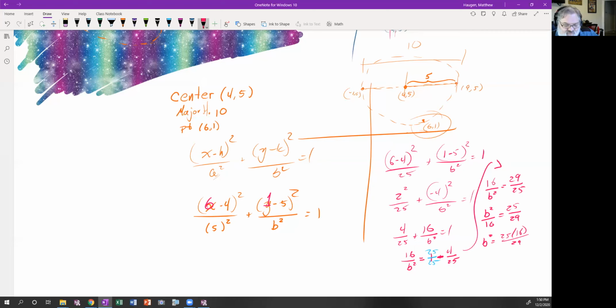I'm not going to figure out what 25 times 16 is because we're about to take its square root. So that'll be plus or minus 5 times 4 over the square root of 29. So B is equal to 20 square root of 29 over 29. Actually, I'll leave it as 20 over square root of 29. Usually we'd want to rationalize that, but we're going to square it in a minute, right? So I'm not going to bother rationalizing it just so I can square it.